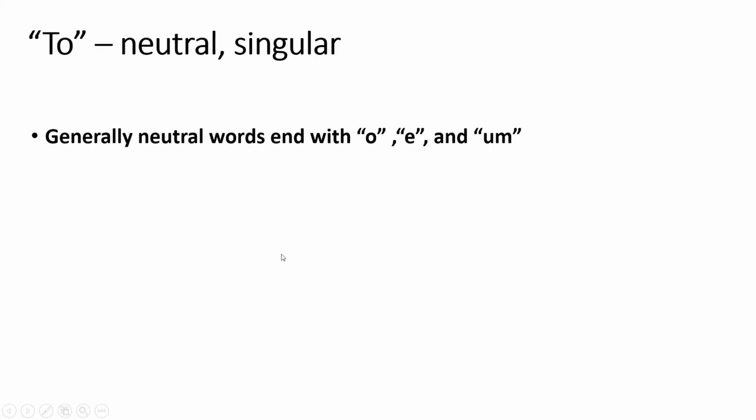Okay, let's see the neutral. The neutral is the best one and the easiest one. Generally, neutral words end with o, e, and sometimes you're gonna see the ending like zwierzę or imię. Yes, those are also neutrals. I also will mention them again at the end.